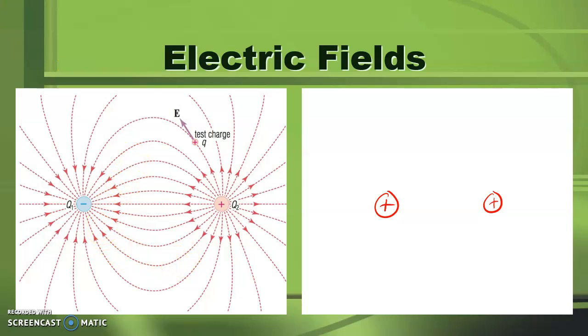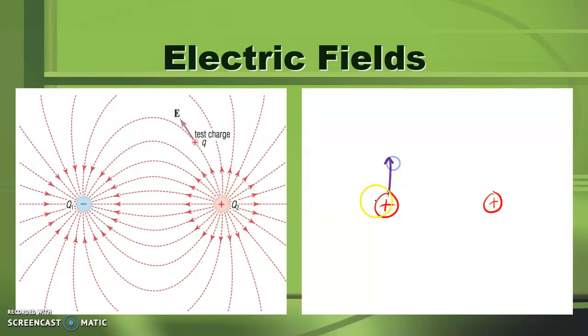Now, what would this look like if we had two positive charges? All right, over here we have a drawing of two positively charged objects. Typically, we know, or we're learning, that when we draw a field line for positive charges, the arrows go away.